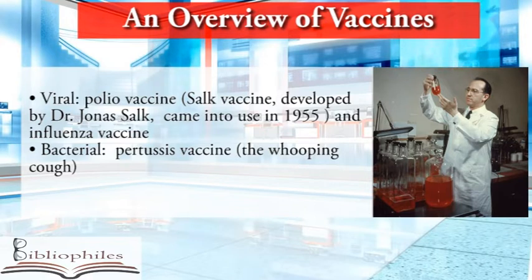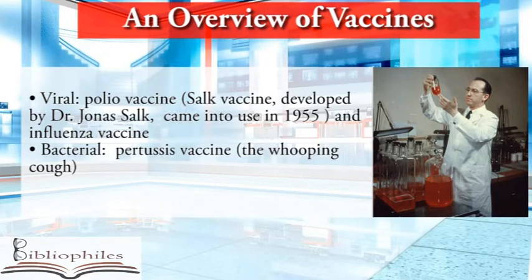So here you can see the polio vaccines are of two types, that is the Sabin vaccine and the Salk vaccine. The Sabin vaccine came into use in 1961 and the Salk vaccine came into use in 1955. So actually the Sabin vaccine replaced the Salk vaccine, and generally the Sabin vaccine is more effective than the Salk vaccine.